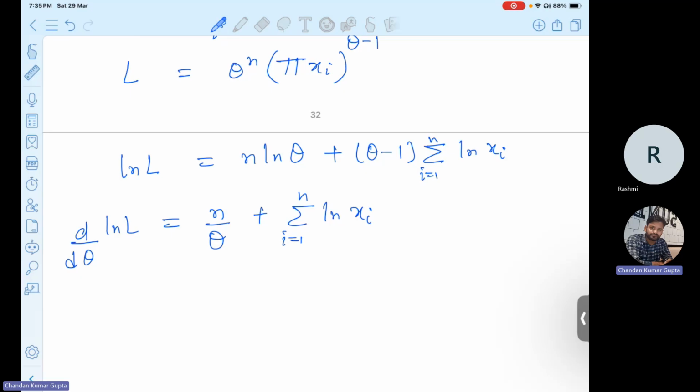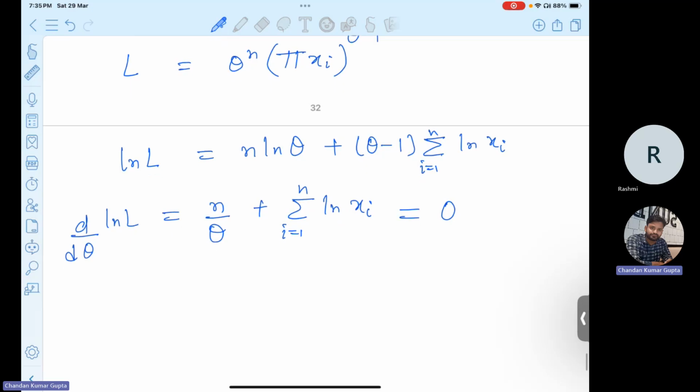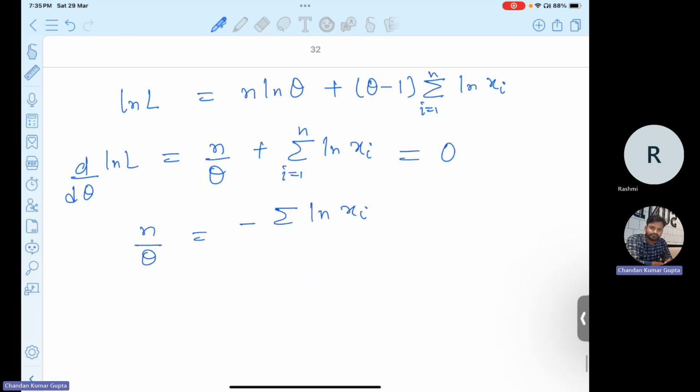This is the log likelihood equation, and we need to equate it to 0 and then solve for theta only. So obviously it is minus times the summation of log of xi.